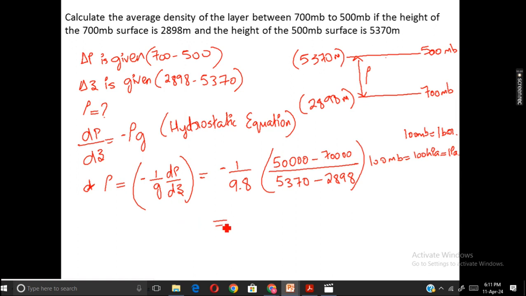It will basically give you the value of 0.82, and the unit is kilogram per meter cube.